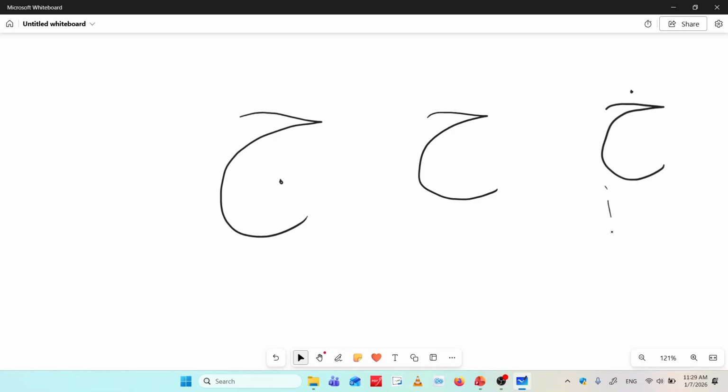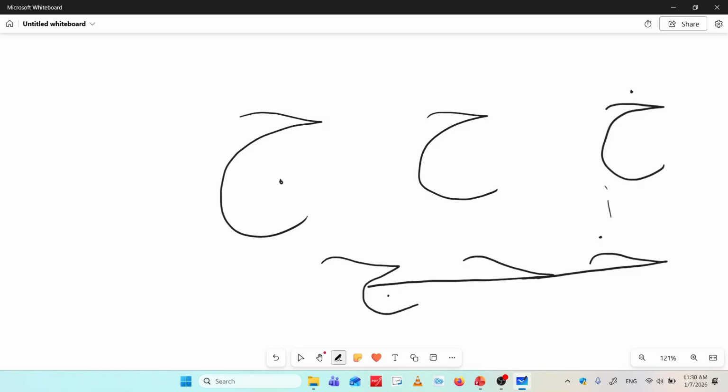Kha is in the beginning, so we write the initial Kha, and then this Ha is in the middle. I'm going to write it like this, connected here and connected here, and the Jeem is in the end, so I'm going to write the final Jeem. Okay, and that's it. Like I said, this is not a word. I'm just showing you how you can write these letters.